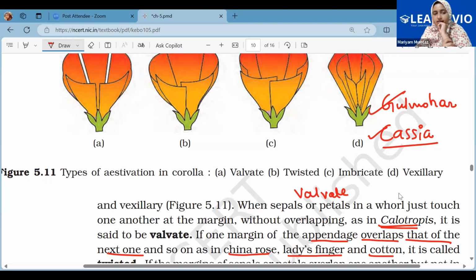And these wings overlap the two smallest anterior petals called the keel.